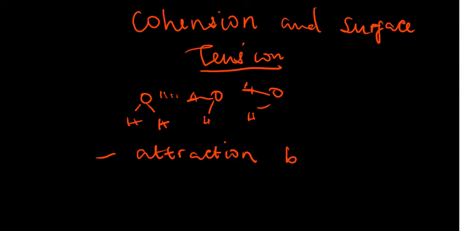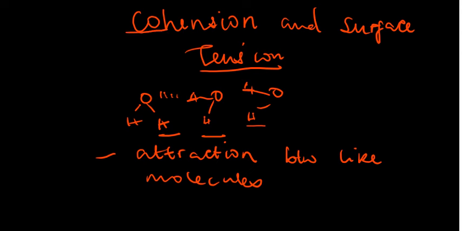Because these molecules are alike, they're going to attract each other due to them having opposite charges. This is the same thing that we're able to see, that this water molecule is attracted to this water molecule, and so is this one. So that force of attraction is what we're calling cohesion, right?